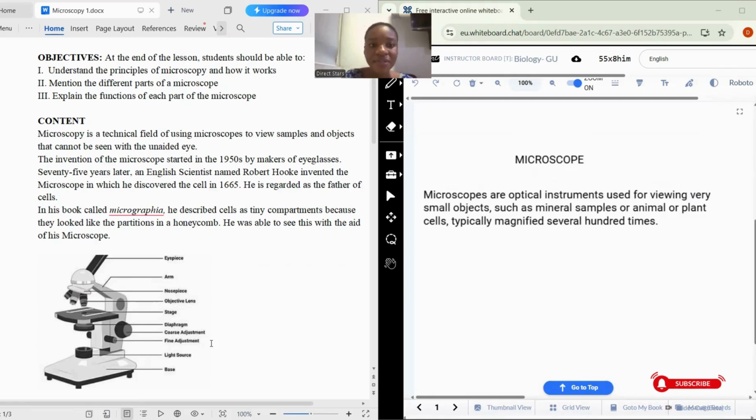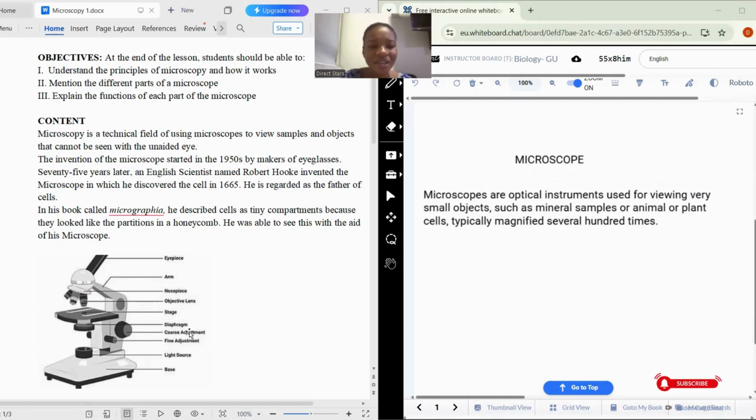He looked at the cells of a tree, and they looked exactly like a honeycomb, with those tiny little compartments you see in a honeycomb. That was exactly what he saw with the aid of his microscope. And this led him to write the book which he called the Micrographia. Here he filled it up with different diagrams and images of cells. I'm sure now you know what we're talking about when we talk about the microscope.